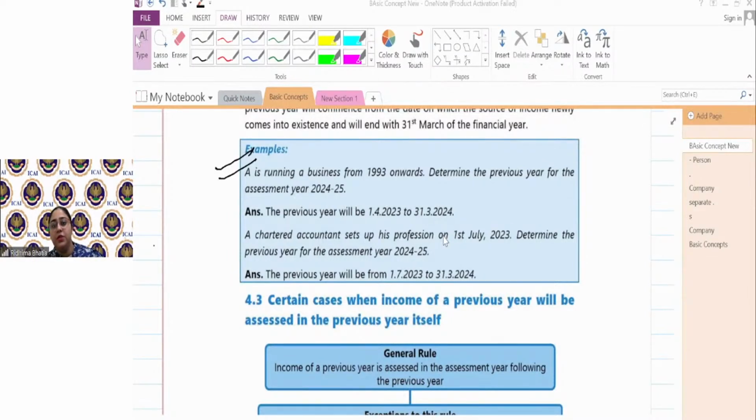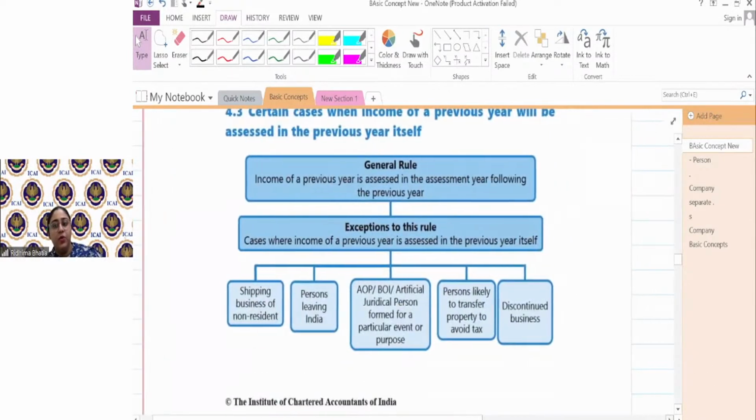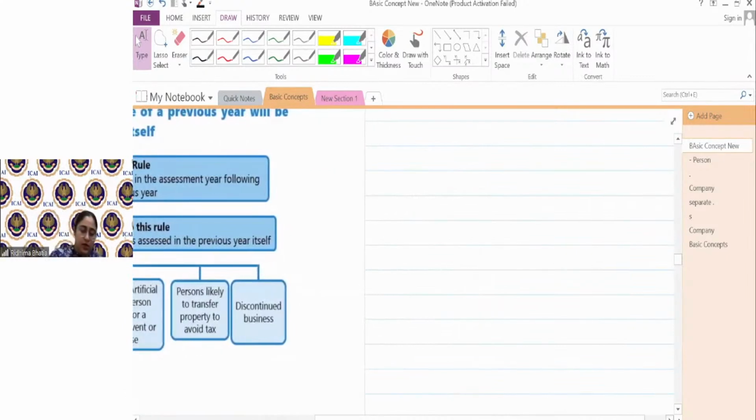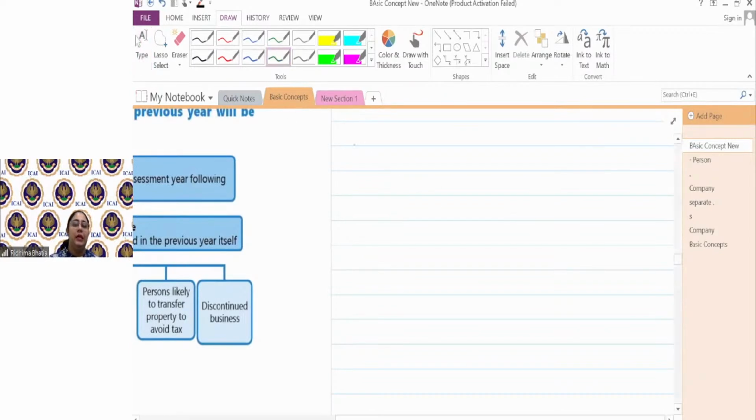Okay, now we proceed to understand the exception. What did I explain to you right away? That the income earned in the previous year is taxed and assessed in the assessment year. The taxing year and the previous year would never be the same, right?